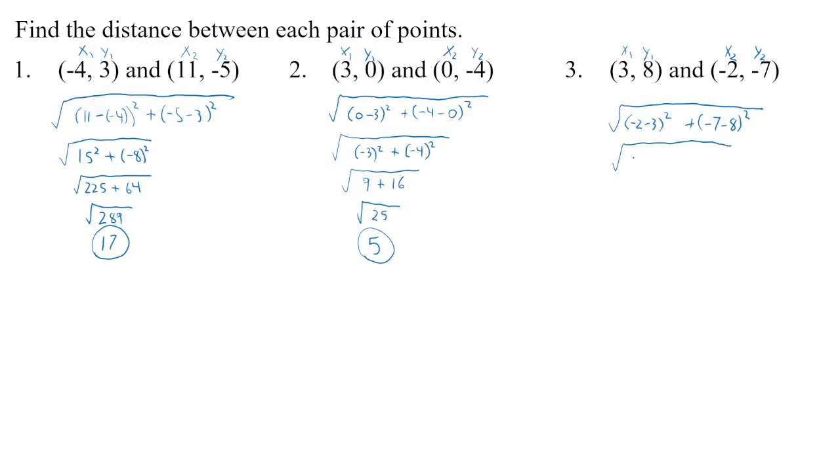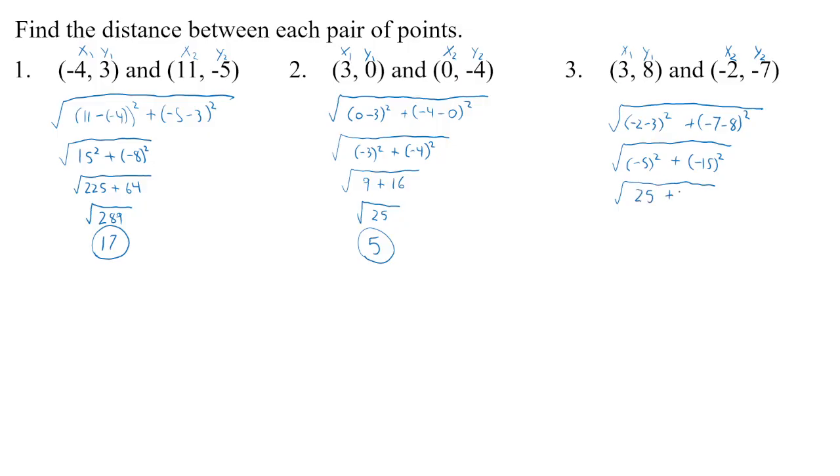Negative 2 minus 3 is negative 5. Negative 7 minus 8 is negative 15. Negative 5 squared is 25.